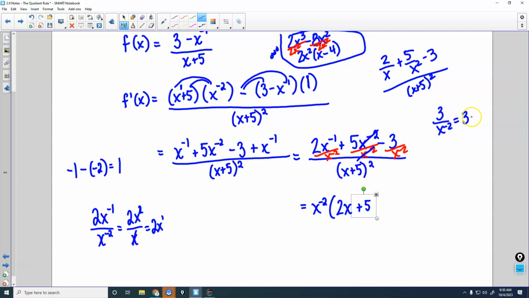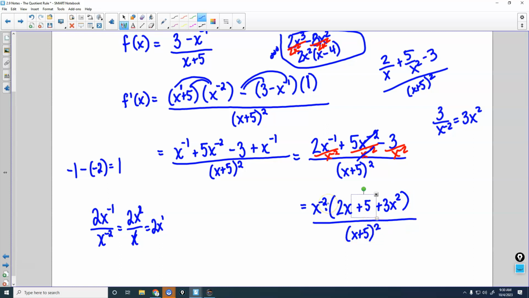Do you have any x's on top? No. Just 3x squared. Because that x squared moves back up to the top. So this is going to give me plus 3x squared over x plus 5 squared.